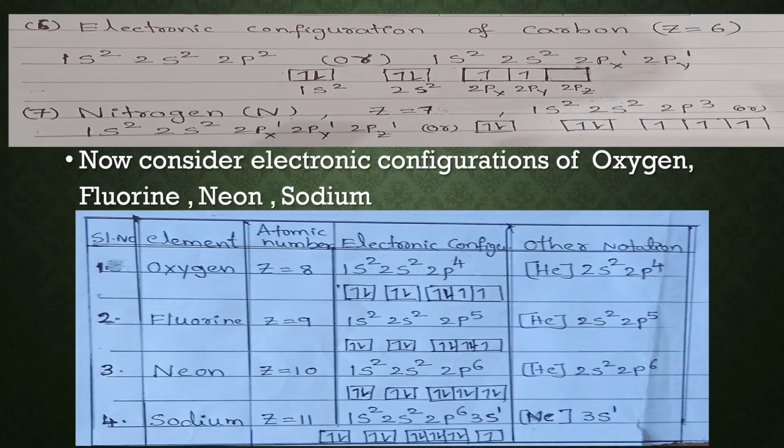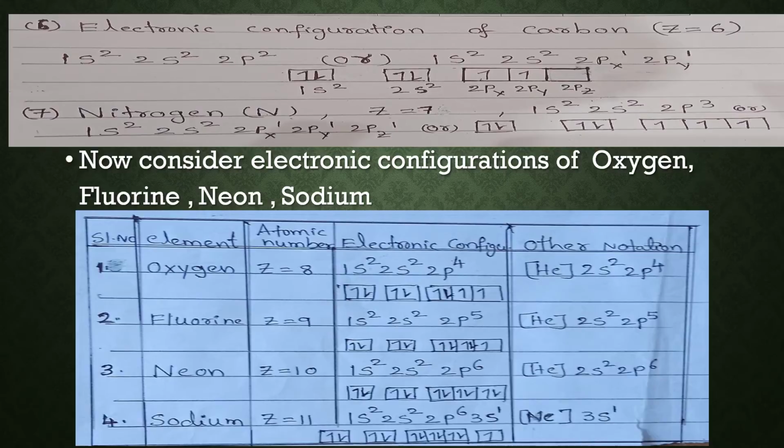Next, consider nitrogen atom. Electronic configuration, Z equals 7. It has 7 electrons. The first 6 electrons have the same arrangement as that of carbon atom, 1s2, 2s2, 2px1, 2py1. The seventh electron occupies the vacant 2pz orbital but is not paired in 2px or 2py orbital.